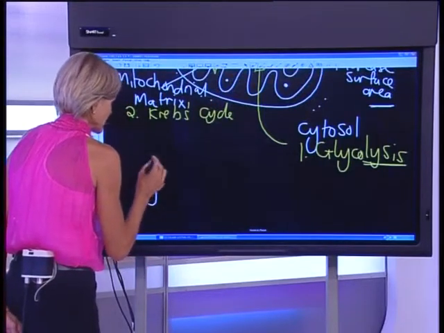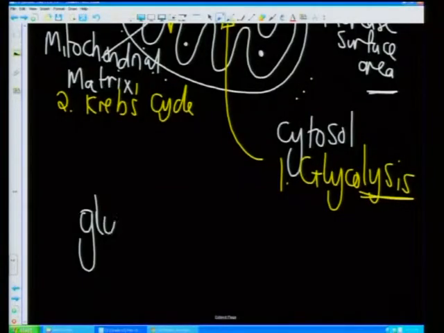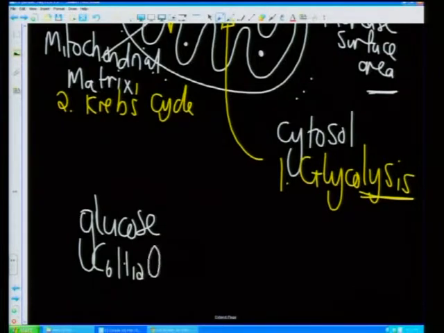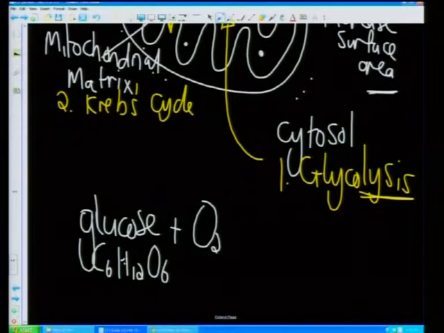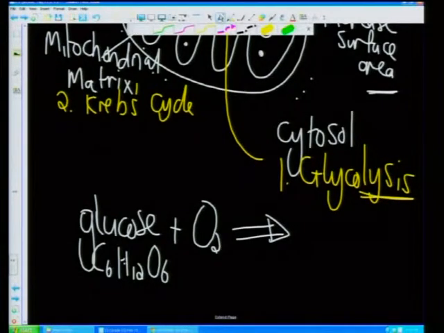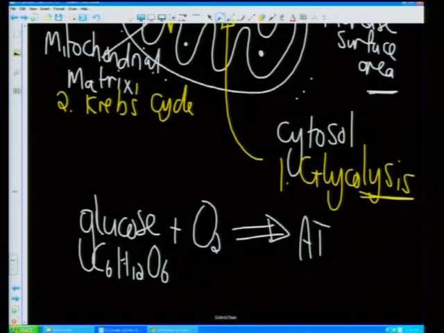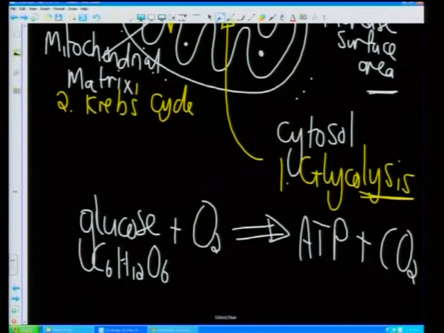We go, this is cellular respiration. We go glucose, which is C6H12O6, plus oxygen, which is what's inhaled, is going to, with enzymes and reactions, end up with ATP, which is the whole reason this happens, ATP, which is energy, plus carbon dioxide, plus water, and that water is in the form of vapor.